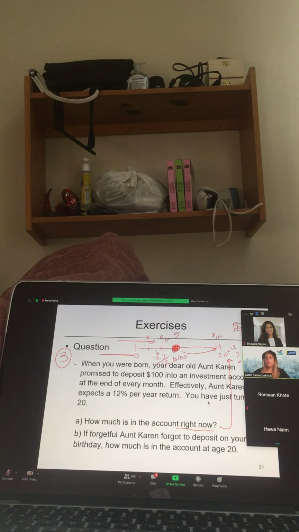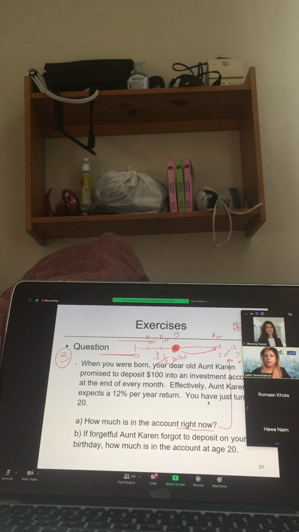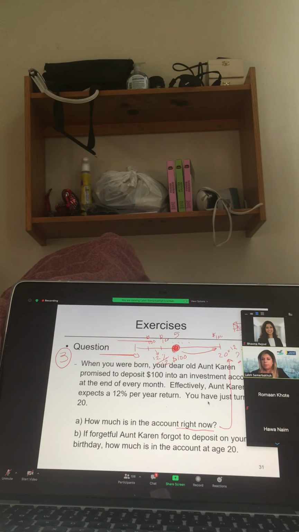That was the annual. So you have 20 times 12, which is how many periods? 240. So compound $100 over 240 months with the monthly rate of 1%. What's the answer if you do that?